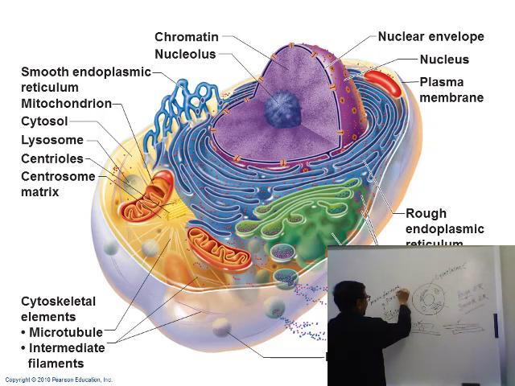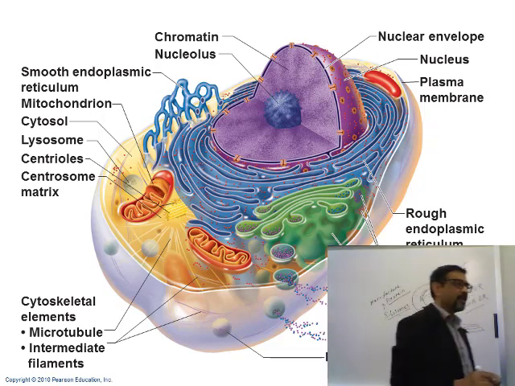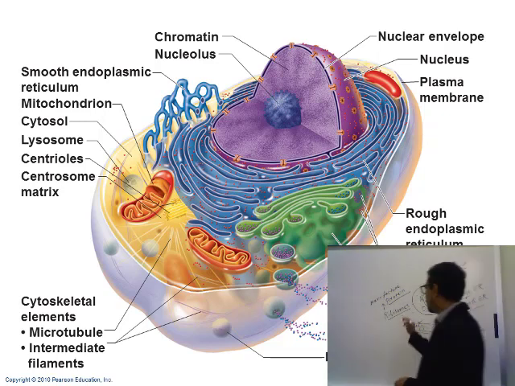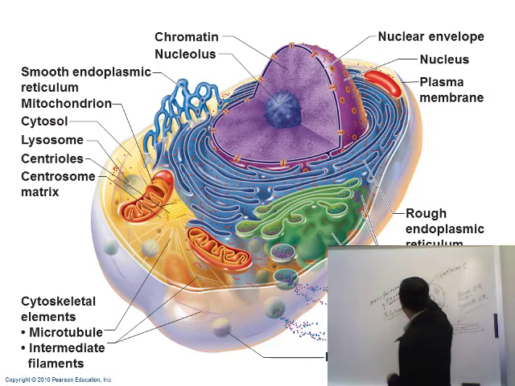So protein manufacturing or production is the function of the ribosomes. Then after the proteins are produced by the ribosomes, the proteins enter into rough ER, because ribosomes are just attached on the surface. So from there the protein molecules enter into the ER, and inside the rough ER that protein is modified.